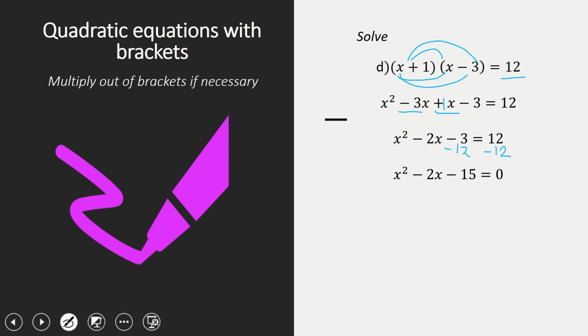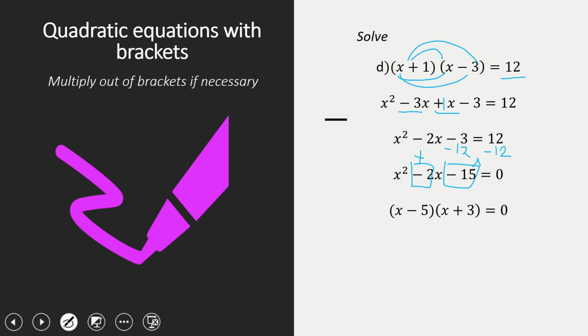And now I cannot use the common factor because the 15 does not have an x. So now I need to use the product sum method. I know that the minus 2 needs to be the sum and the minus 15 is the product. So I'm going to search for two numbers that if I multiply them, the answer is going to be minus 15, and if I add them, the answer is going to be minus 2.